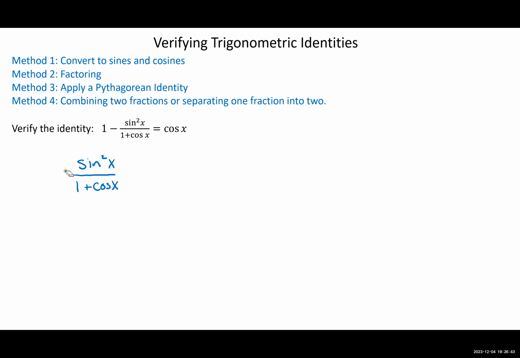I'm going to write a little bit smaller just to make sure we have enough room here. See, 1 minus sine squared of x divided by 1 plus cosine of x. Okay, well, let's see. What can we do?